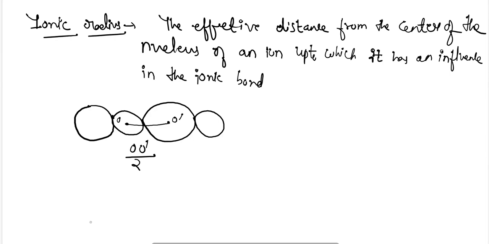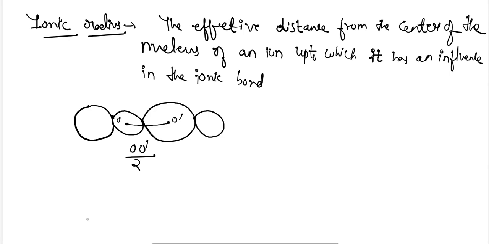So we will see that the radius of positive ions is always smaller than that of the parent atom because they have lost the electrons, and the radius of the negative ions will be larger than that of the parent atom because they have accepted the electrons.